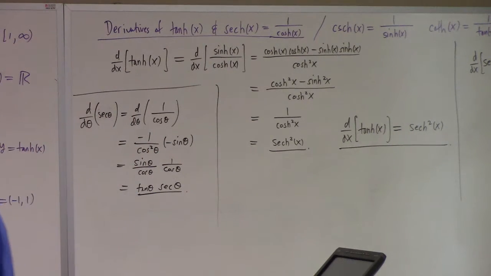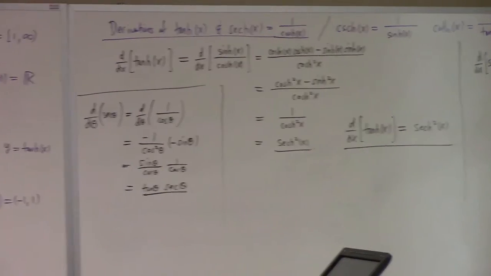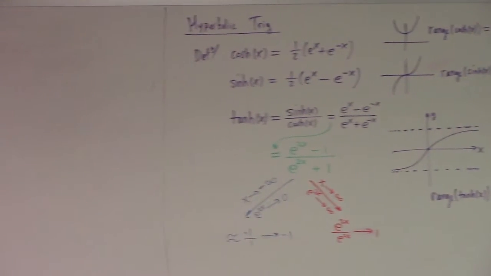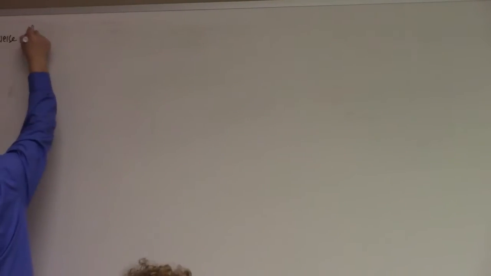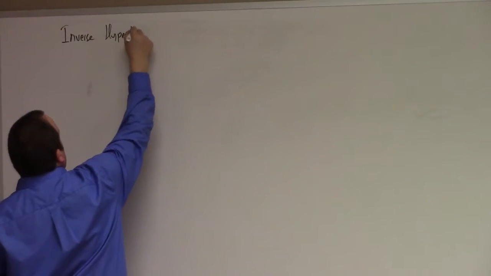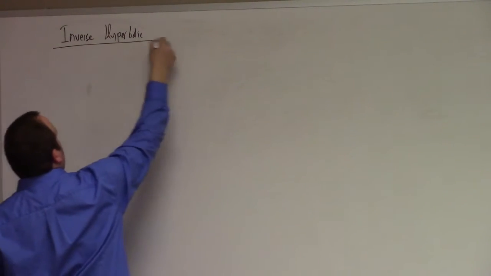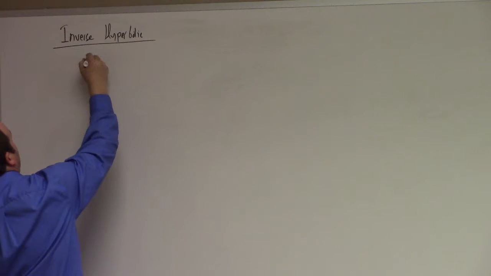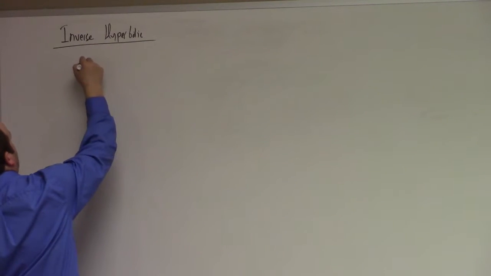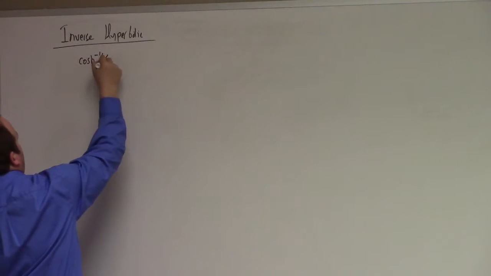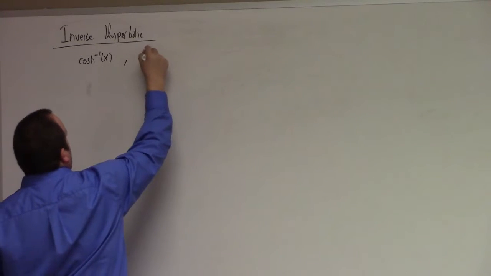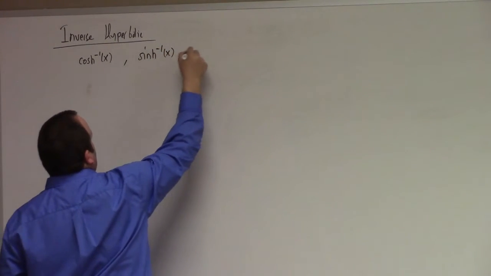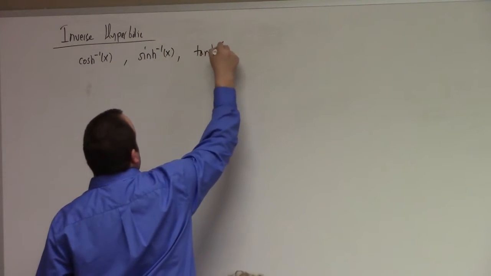Okay, so that brings us to the study of inverse hyperbolic functions. So we can talk about inverse hyperbolic cosine of x, inverse hyperbolic sine of x, inverse hyperbolic tangent of x.